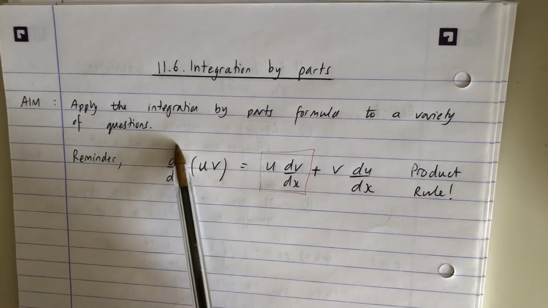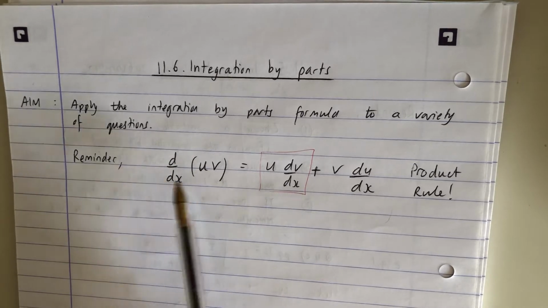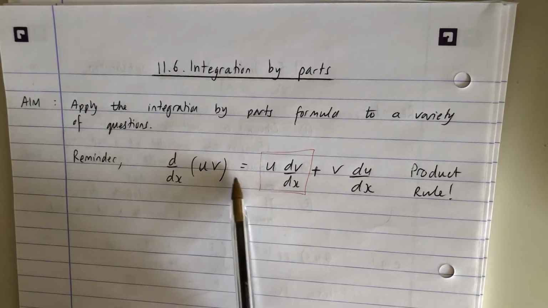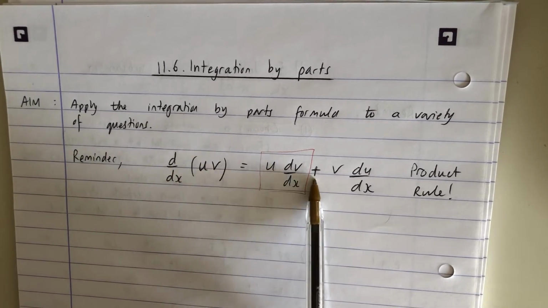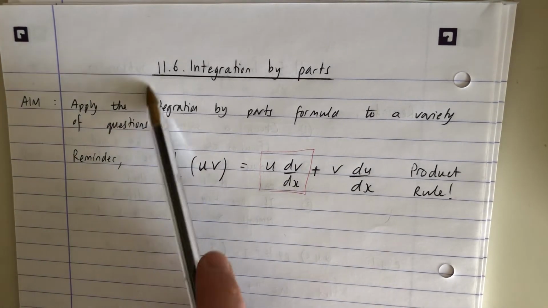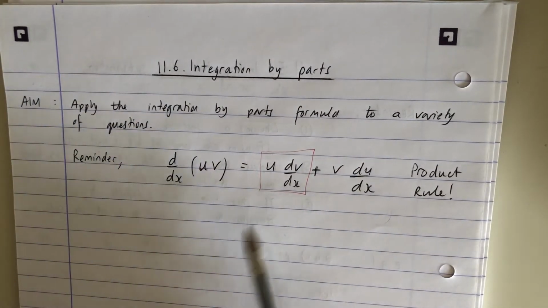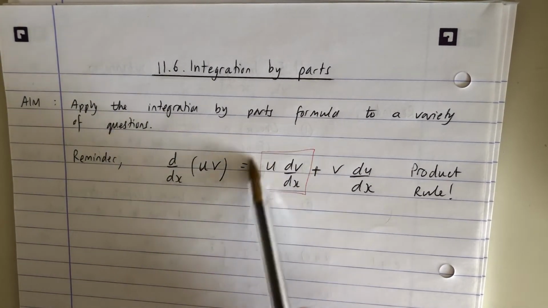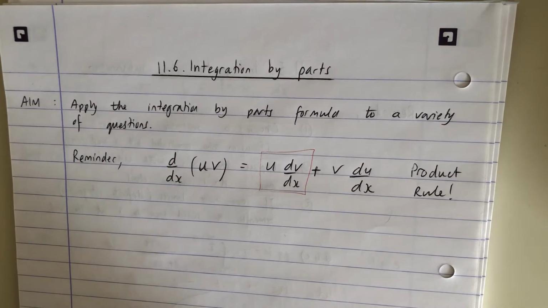The product rule reads: differentiate with respect to x some product u times v, and it's equal to u dv by dx plus v du by dx. And the way this integration by parts formula comes about is it focuses on this term and makes this term the subject.